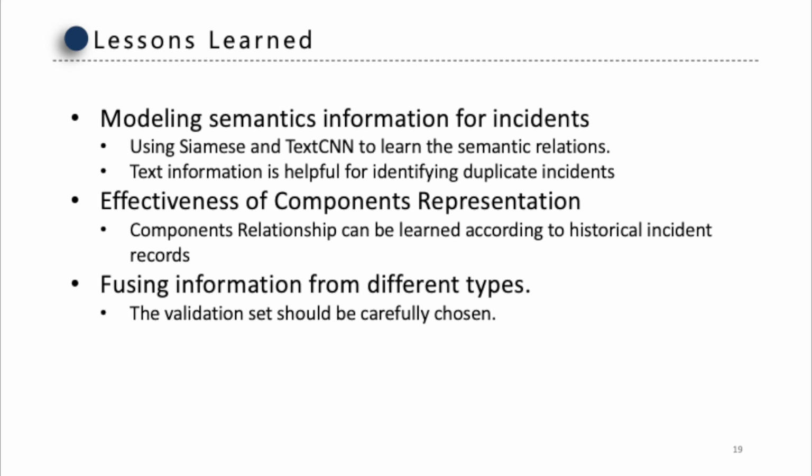Meanwhile, it is important to consider the historical component relations, which can help solve the incident linkage using historical knowledge. And finally, using different types of data and mixing them together is also important. Here we use both component information and textual information, and in this case, the validation set should be carefully chosen and controlled.